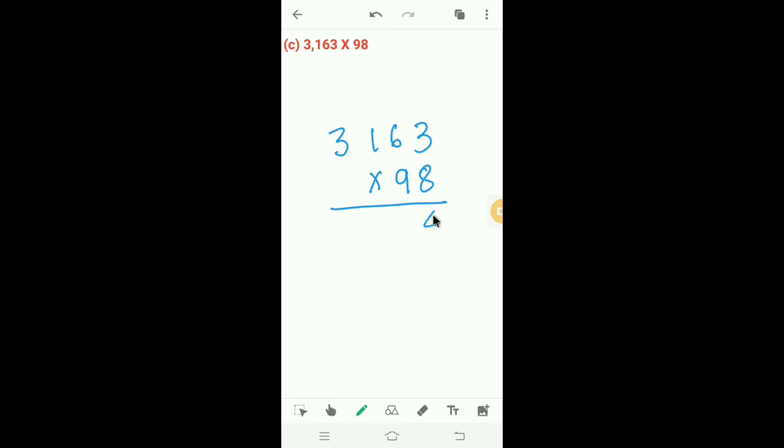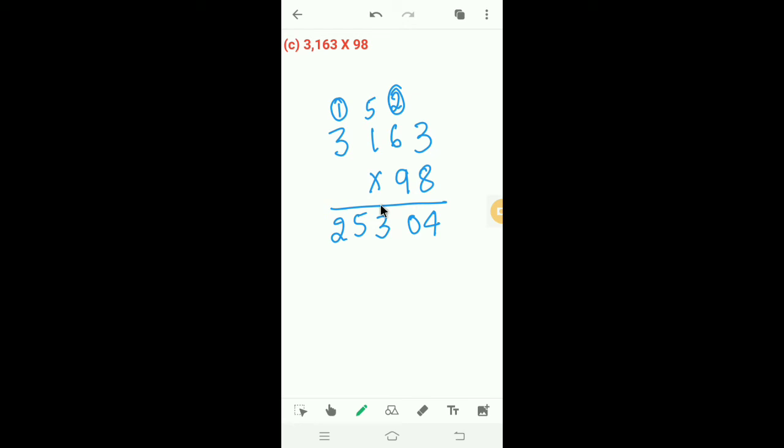So I will write 4 here and 2 carry. 8 sixes are 48. 48 plus 2 is 50. So I will write 0 here and 5 carry. 8 ones are 8. 8 plus 5 is 13. So I will write 3 here and 1 carry. 8 threes are 24. 24 plus 1 is 25.